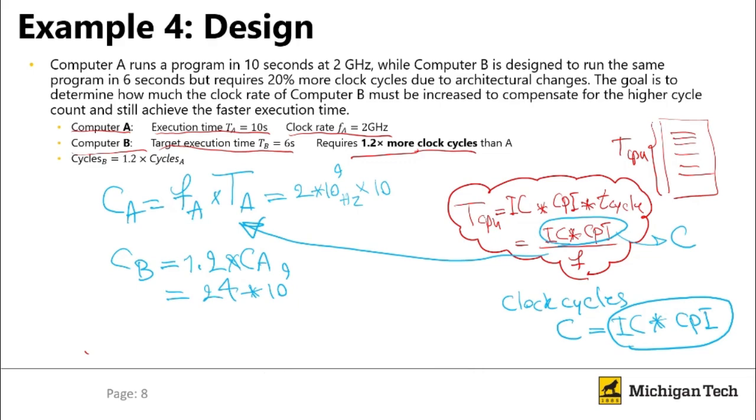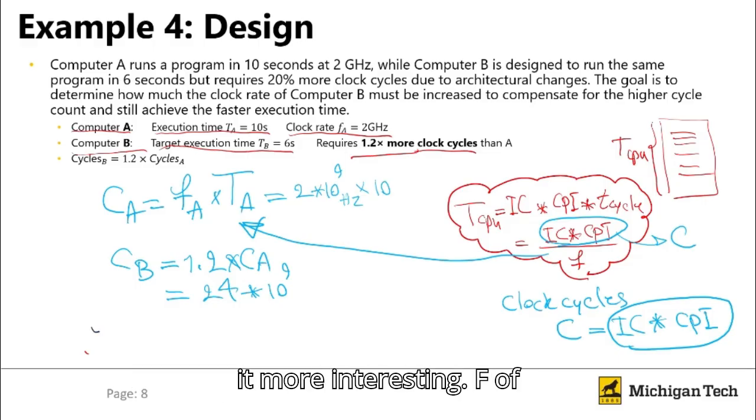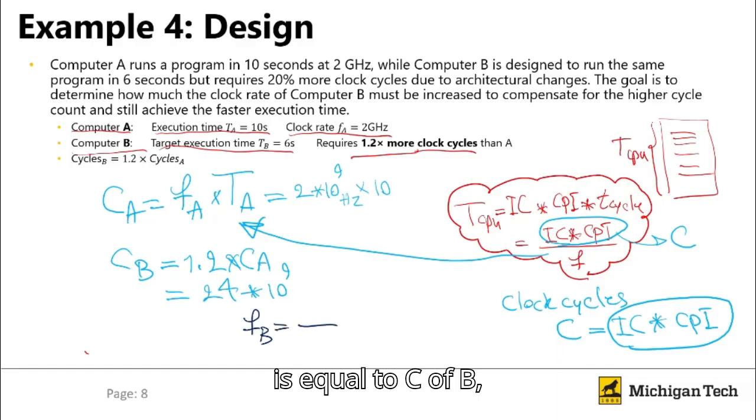So F of B is equal to C of B, which is given, divided by T of B, which is also given here.